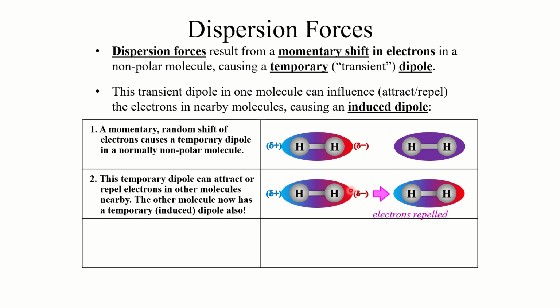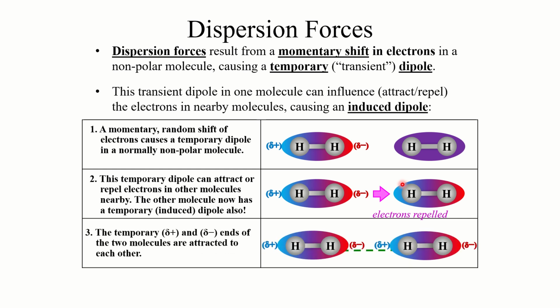So now we have a partial negative charge on this side, so the electrons in this molecule are going to be repelled, right? Similar charges repel each other, like when you try to put two ends of the same magnet together, they repel one another. So the negative charge on this side of the molecule repels the electrons in this molecule, and so now we get a dipole forming in this molecule as well.